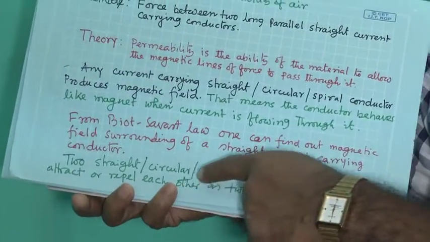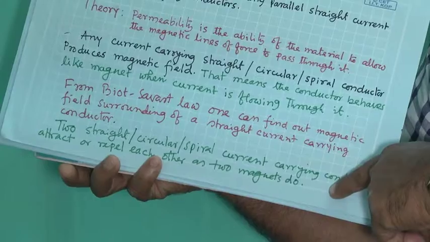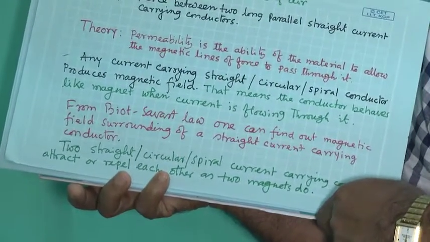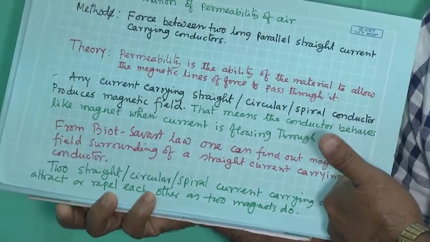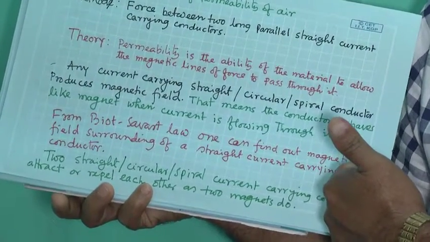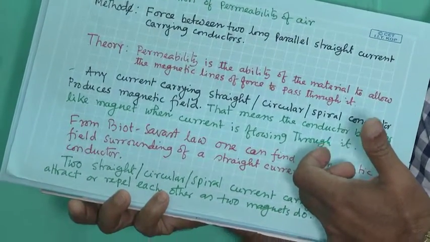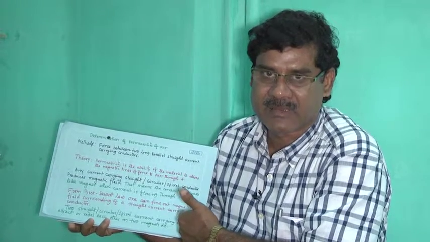Two straight, circular or spiral current carrying conductors attract or repel each other as two magnets do, right. Whatever phenomena we see when two magnets are close to each other, two current carrying conductors will behave in the same way.